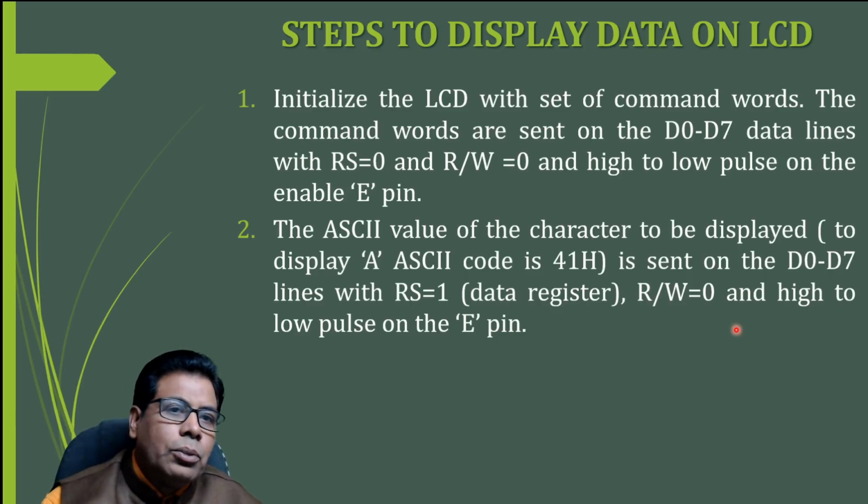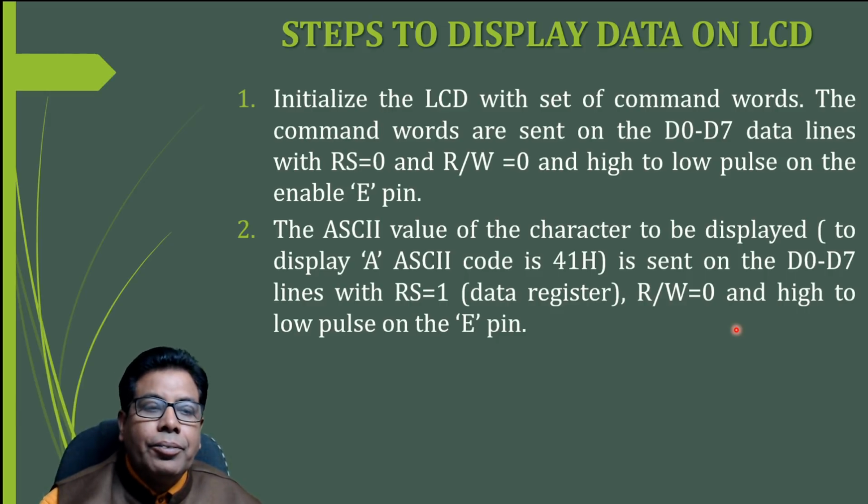Then the steps to display data on the LCD. The first step is to initialize the LCD with a set of command words. These command words will be sent on the data lines D0 to D7 with RS equal to 0, because RS equal to 0 means it is for the command, and RW equal to 0, that is the write operation.